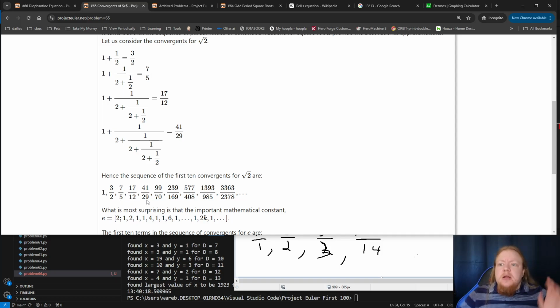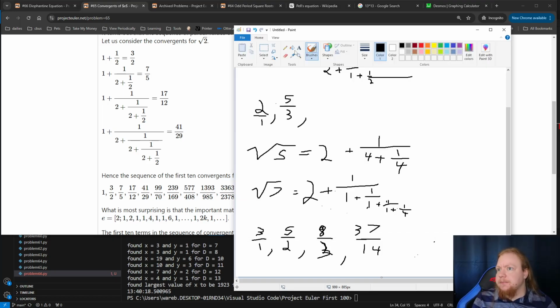Okay. I think that's the general pattern. So in other words, x of n over y of n is equal to, and I'm just going to do this, x of n minus 1 plus, I'm going to say p times x of n minus 1 plus x of n minus 2.